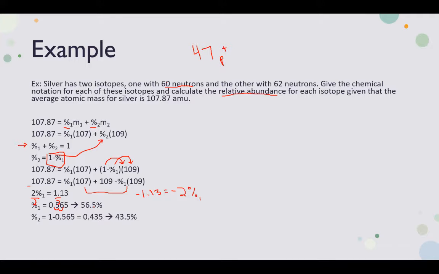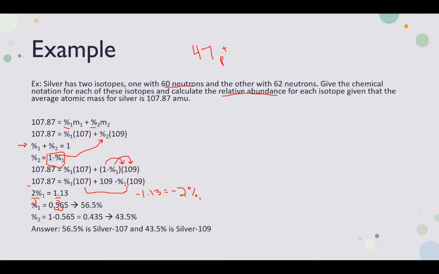And so therefore I can do 1 minus my percentage 1, which equals 43.5% for percentage 2. So therefore, my answer would be 56.5% is silver 107 and 43.5% is silver 109.